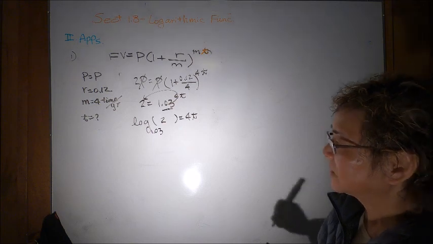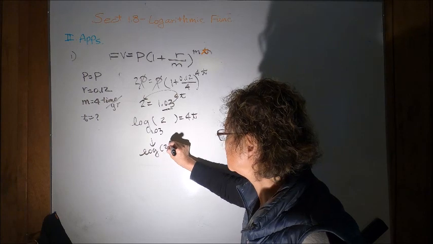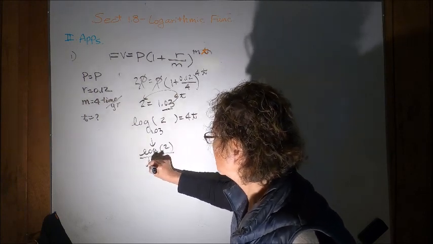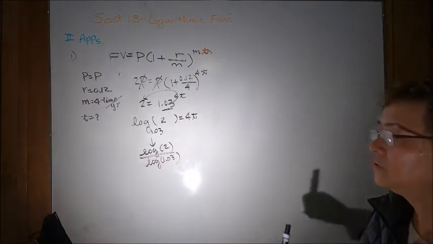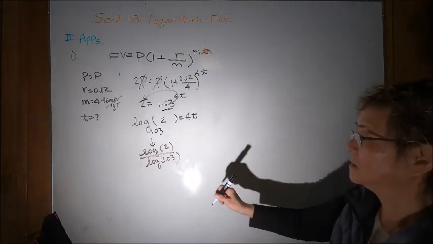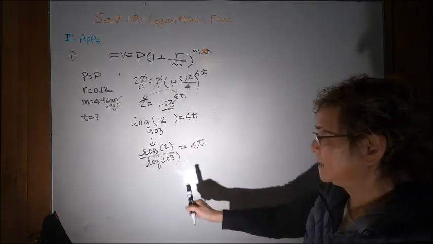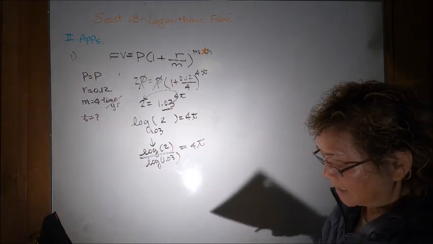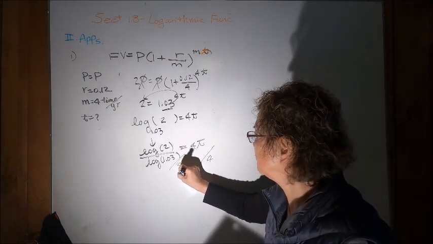Then how are we going to find the value of log base 1.03 of 2? You use the base change formula, log 2 divided by what? Log 1.03. Make sure you use the calculator to practice. And for this, right? Get a value. Then what is your T? Then you divide it by 4, right?